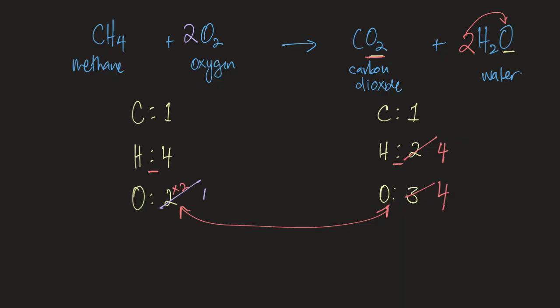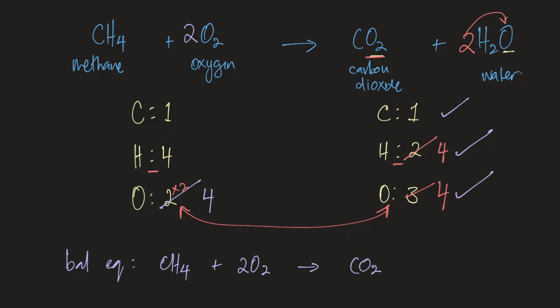And now my oxygens have become 4. So my carbons balance, 1, 1, yes. Hydrogens, 4, 4, yes. Oxygens, 4, 4, yes. So my balanced equation, after I've checked everything, is CH4 plus 2O2 gives me CO2 plus 2H2O.